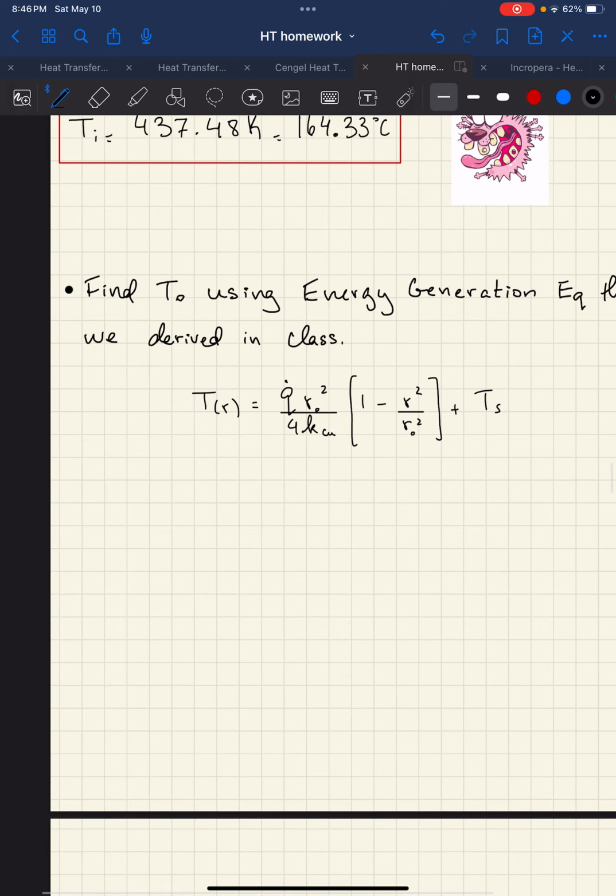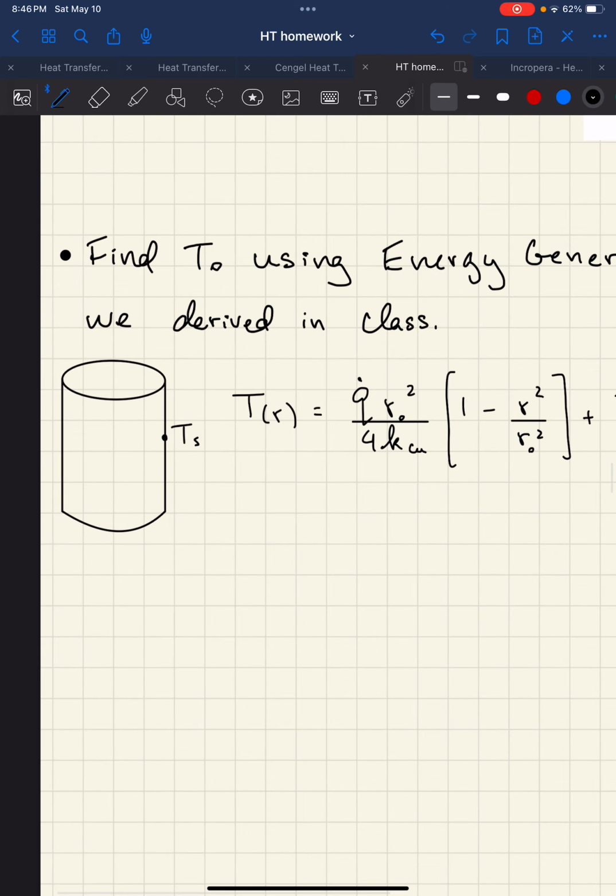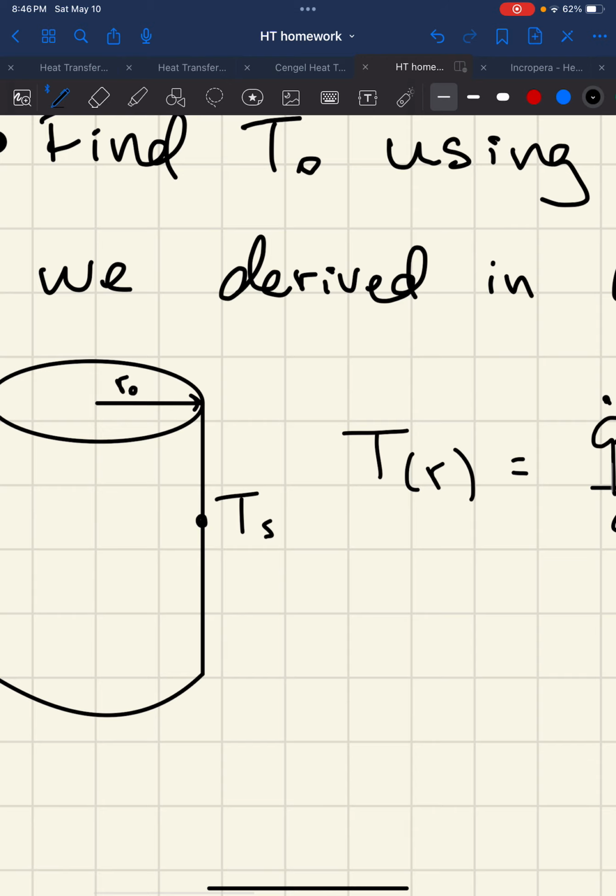Okay, so let me just draw the picture that this corresponds to. Basically, this equation is derived for a cylinder that looks like this, typical cylinder, where the temperature right here on the surface is Ts, and the radius of the cylinder is, they called it R naught, or R sub 0, like this.